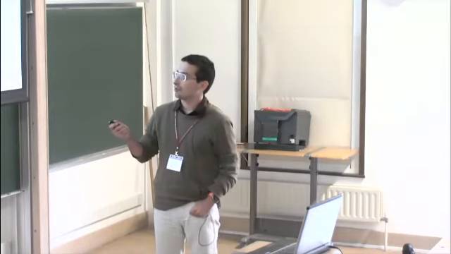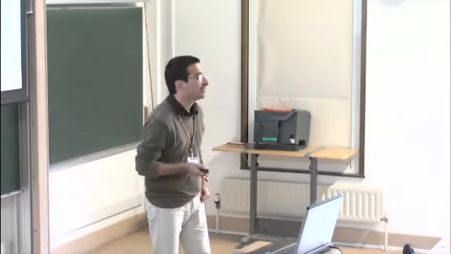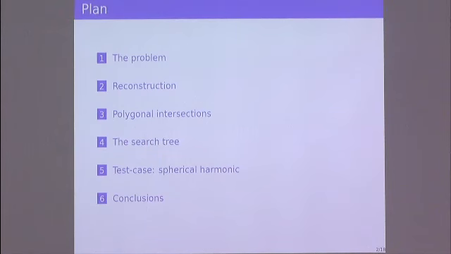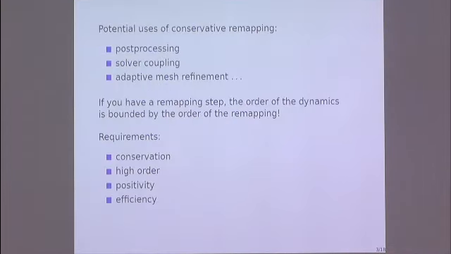And then I will talk about optimization to get a logarithmic complexity. And then I will present a test case. There is just one test case because it's quite a fresh project, and I can tell you that this result is also quite fresh. And then I present my conclusions.